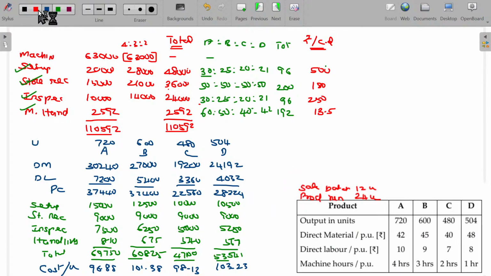What happens, sir, in case of the absorption costing model? In the absorption costing model, the entire overhead is divided by the number of hours. What's the total hours?